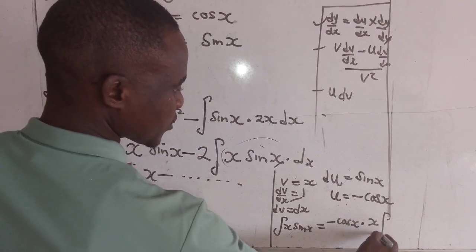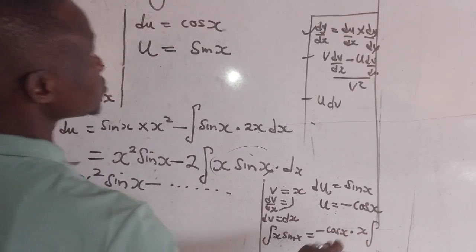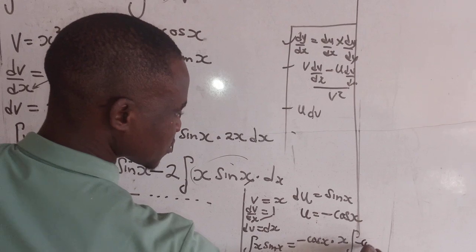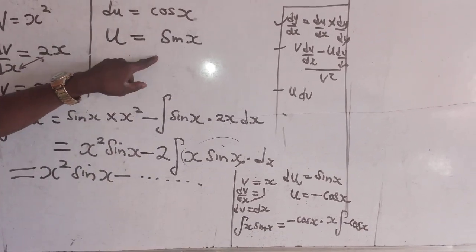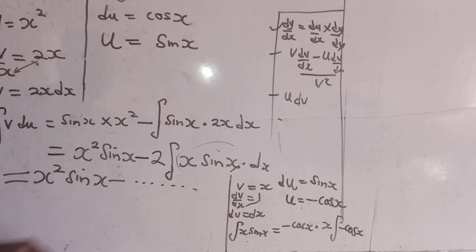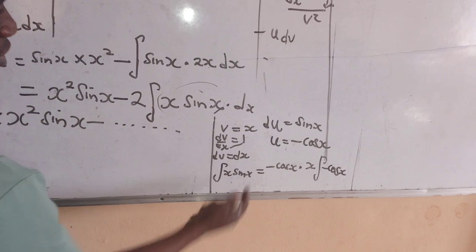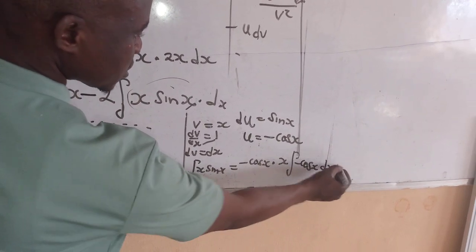Then what is now the integral of u, which is minus cos x, and dv, which equals dx.